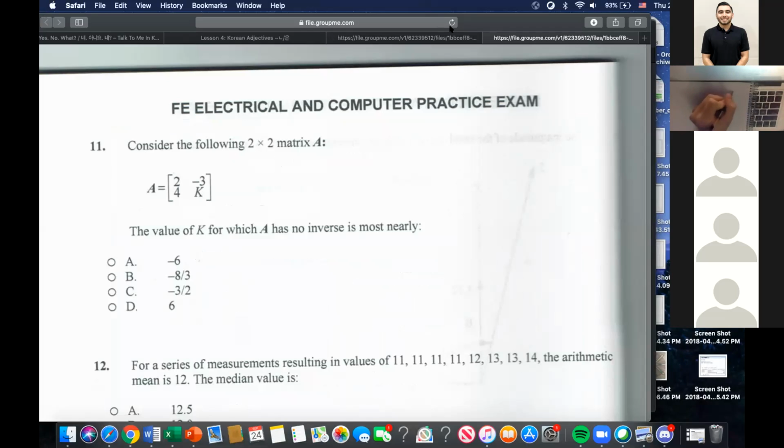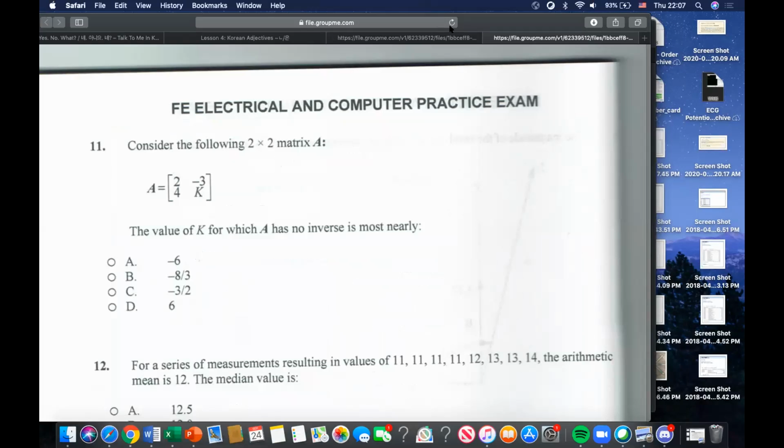So the goal is for the determinant of A to equal 0. So A is going to equal 2, 4, minus 3, k, right?